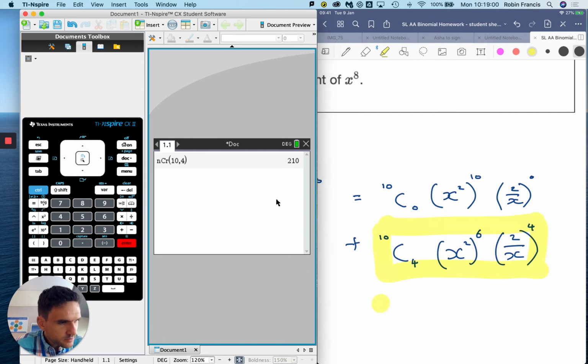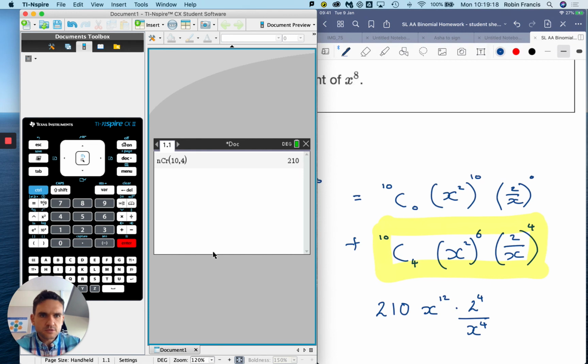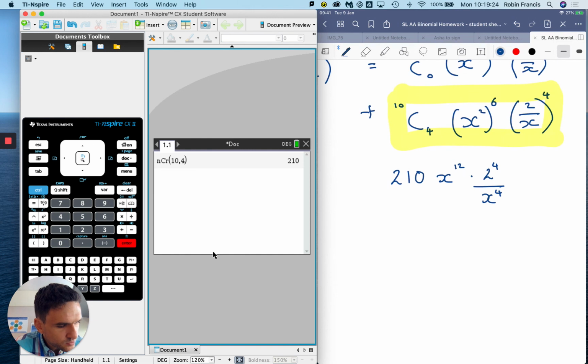So this is going to be 210 x to the power of 12 multiplied by 2 to the 4 over x to the 4. Now 2 to the 4 is 16, so it's going to be 210 multiplied by 16 x to the 12 over x to the 4, which I can calculate as x to the 8. Nice little check that what we're calculating is the right one.